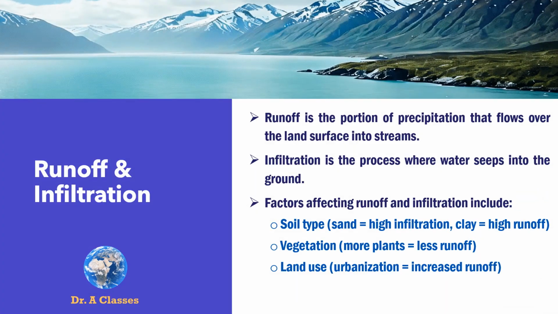Runoff and infiltration. Runoff is the portion of precipitation that flows over the land surface into streams. Infiltration is the process where water seeps into the ground. Factors affecting runoff and infiltration include soil type: sandy soils promote infiltration, clay soils generate more runoff.